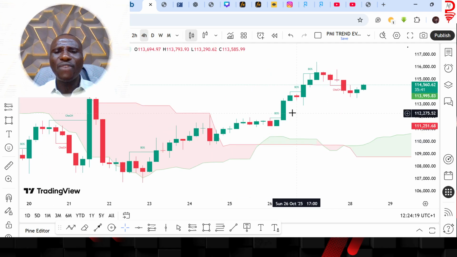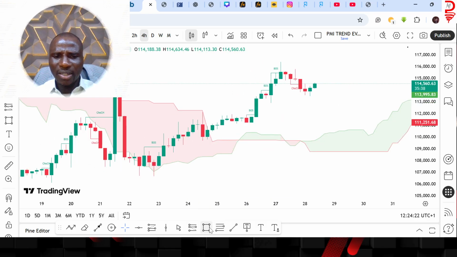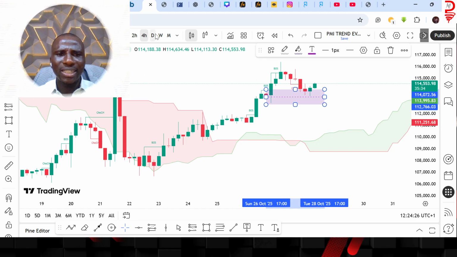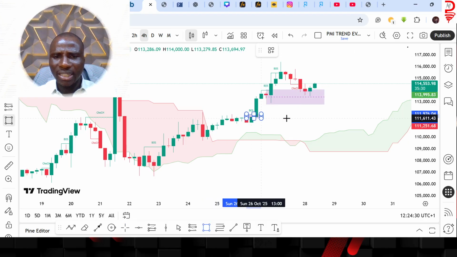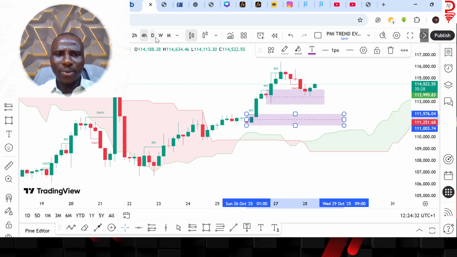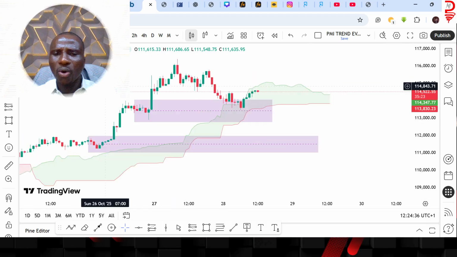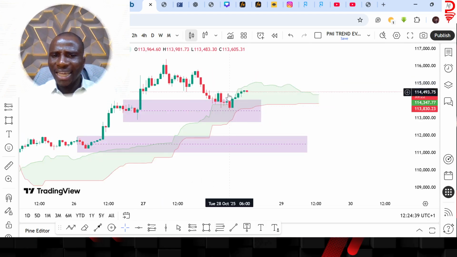Let's see, do we have any other block? This order block looks interesting for me, and this is another one that looks interesting. You see it now. So for Bitcoin, this order block is giving us an engulfing move with 2 consecutive candles.